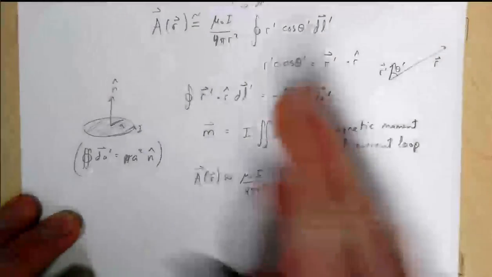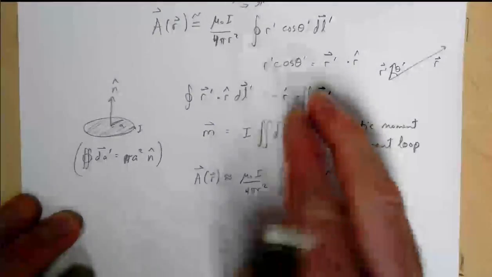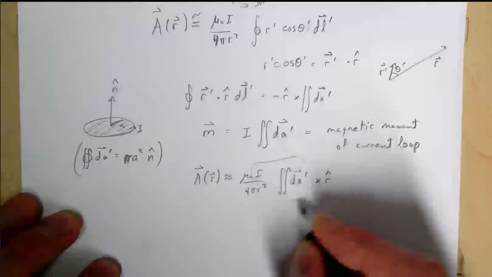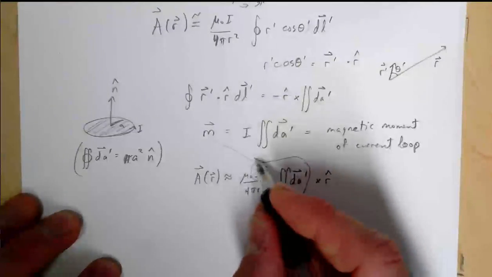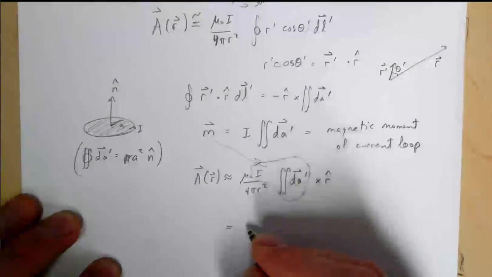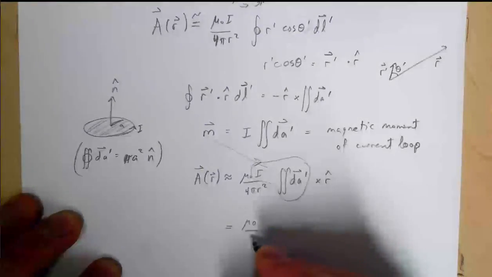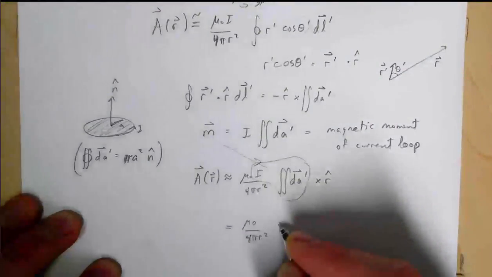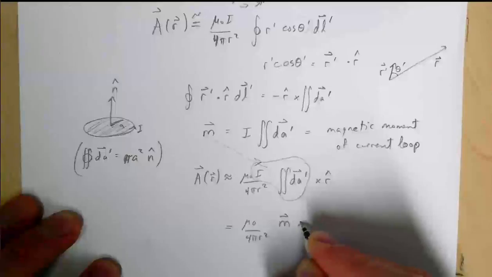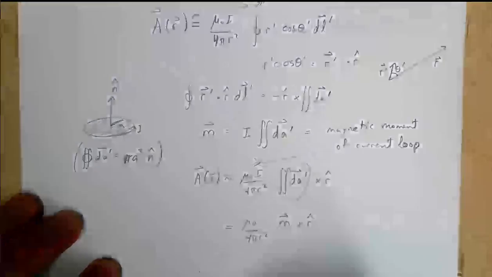If you flip the ordering, you just flip the sign, and then I can recognize that's the thing I defined as m. So that's equal to mu naught over 4 pi r squared times m crossed with r hat.